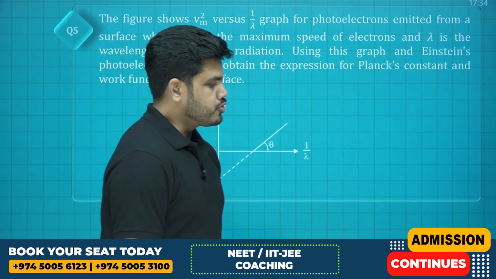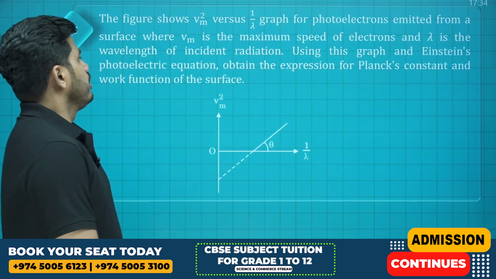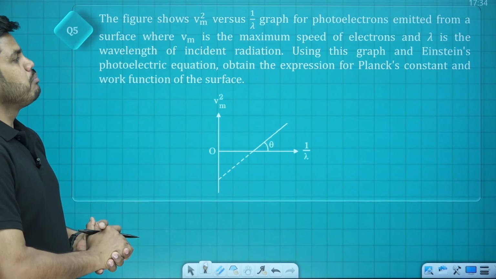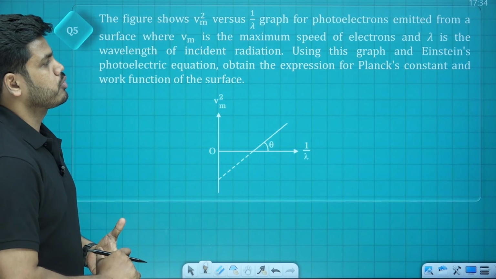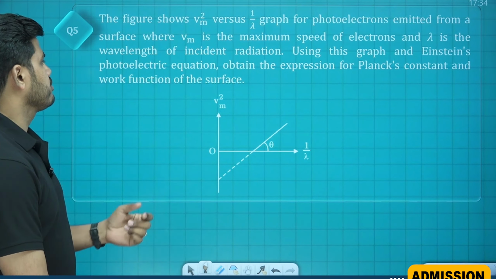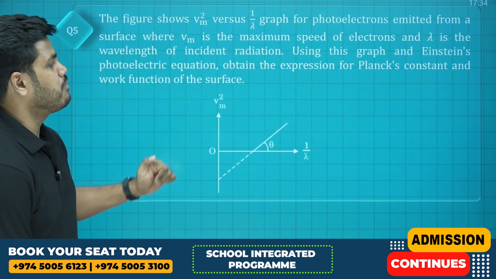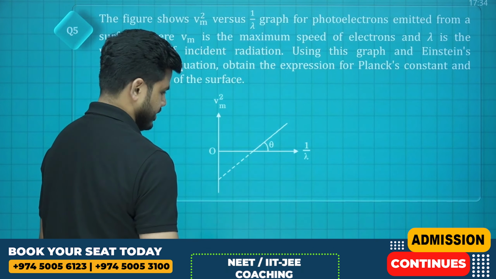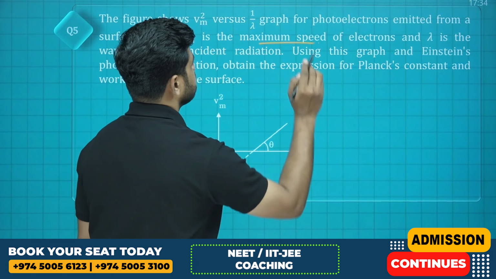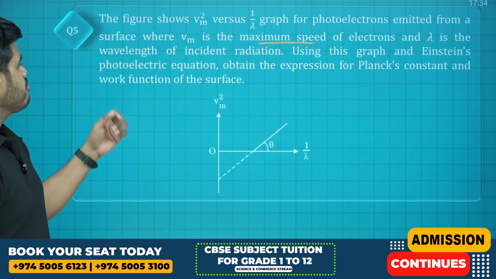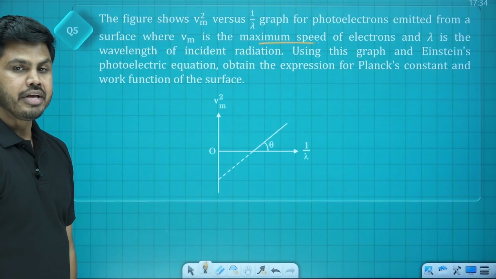The figure shows a Vm square versus 1 by lambda graph for photoelectrons emitted from a surface, where Vm is the maximum speed of electrons and lambda is the wavelength of the incident radiation.